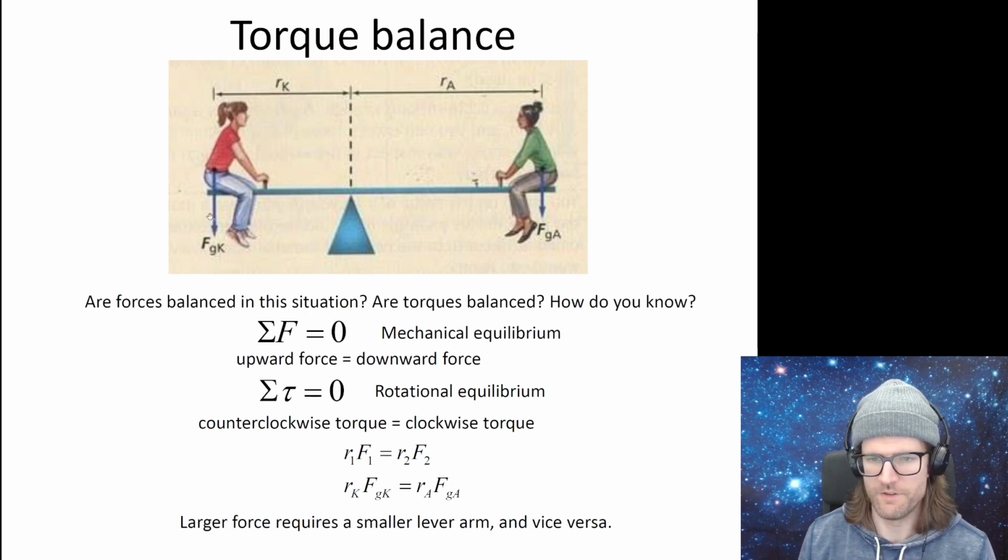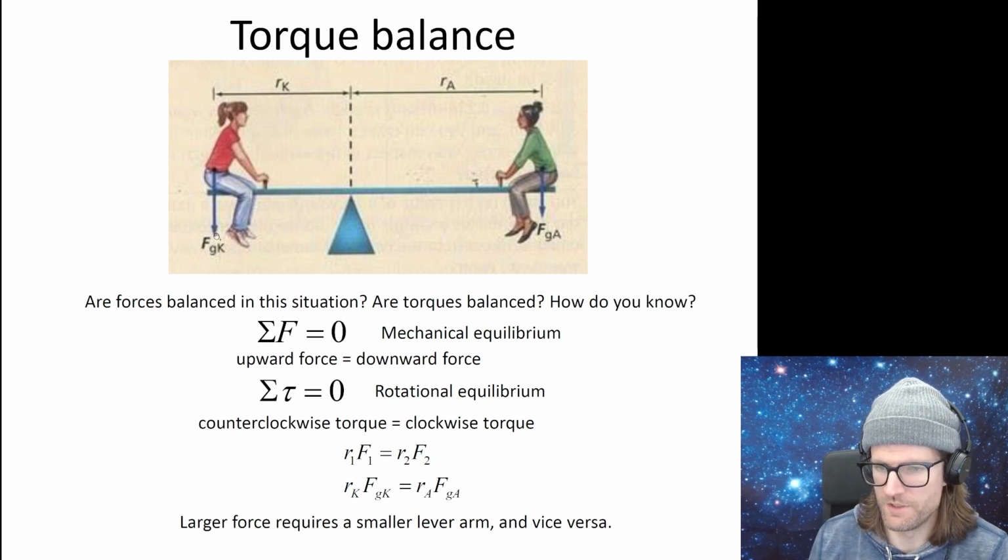In this case, if everything's nice and 90 degrees, we get R1 F1 equals R2 F2. Say this is Kate and Alice: R of Kate away from the fulcrum times her force, her weight, and the radius of Alice away from the fulcrum times her force or weight. Those are going to be in balance if this seesaw is not moving.